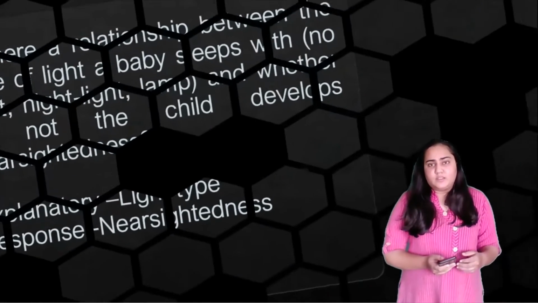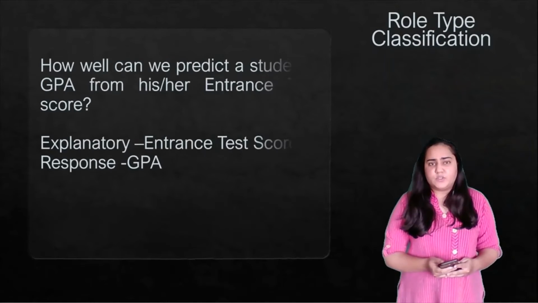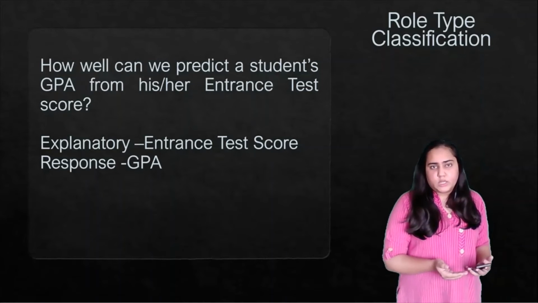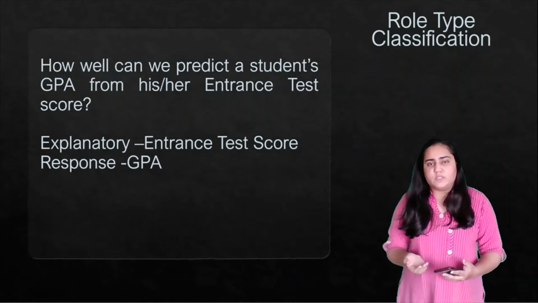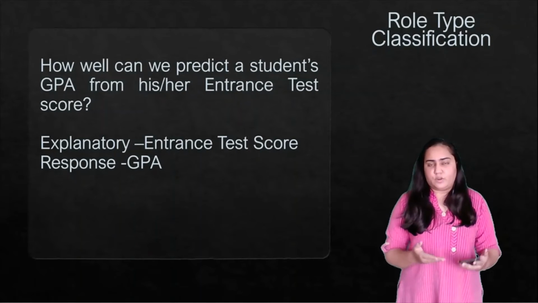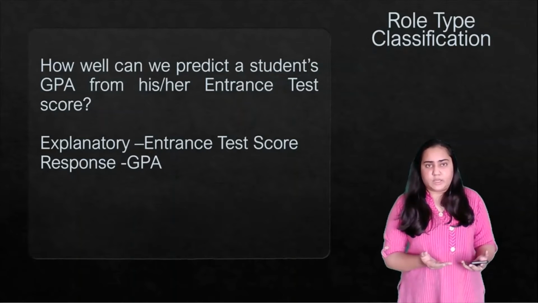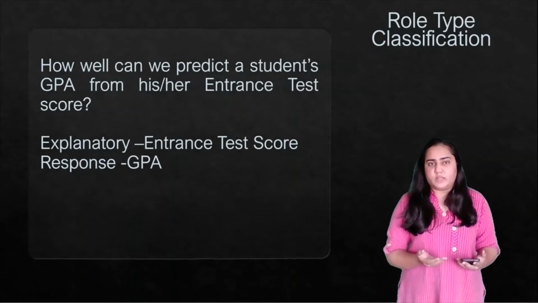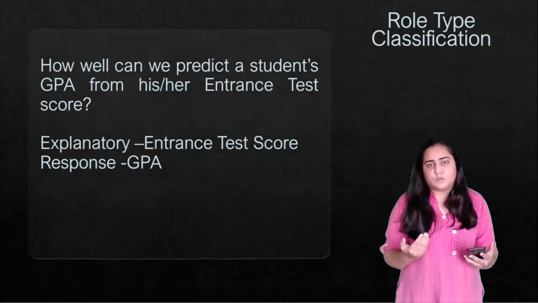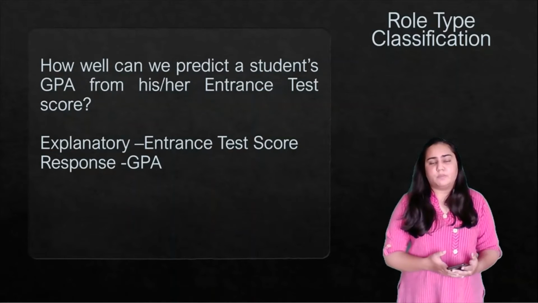Let's take a look at the next question. The next question we saw had something to do with the GPA of a student based on the entrance test score. So if you are given the entrance test score of a couple of students, can you decide what their GPA is going to be? Can you decide how much they will score in the college based on their entrance test score, which they gave in order to get admitted into that college?